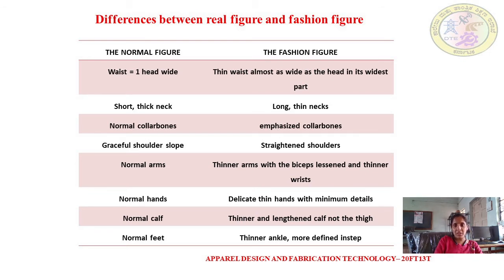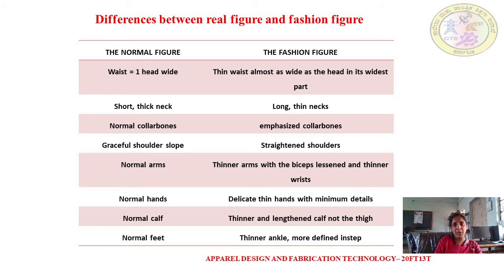As we have studied the eight heads theory, here the waist area will be one head wide. It's equal to one head portion. So the figure seems very thin and perfect. They are very attractive personalities or figures.